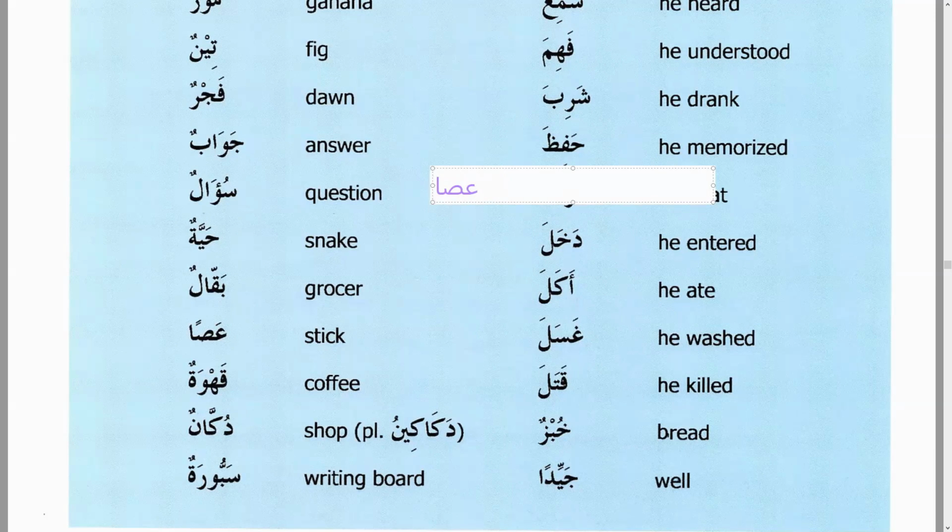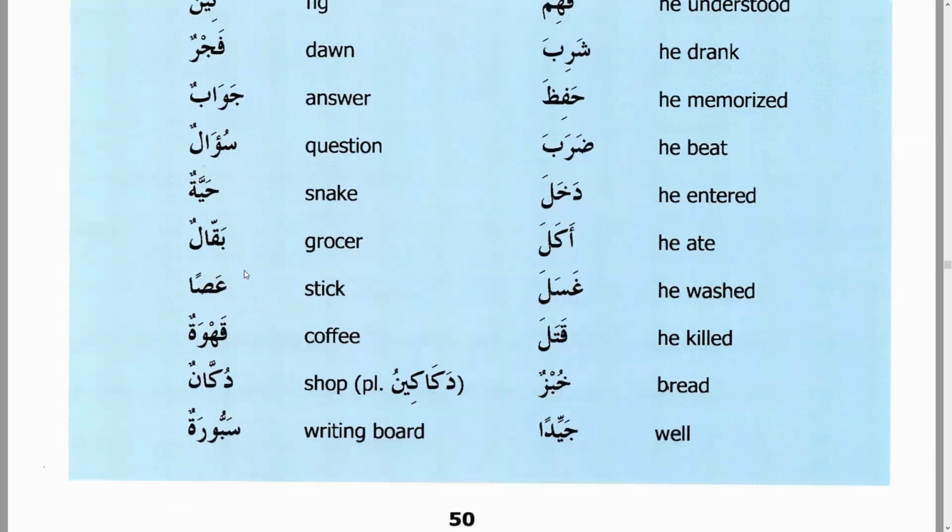So this has separate rules. It's called manqus, asan, the same family. Like qadin, judge: it was actually al-qadi.